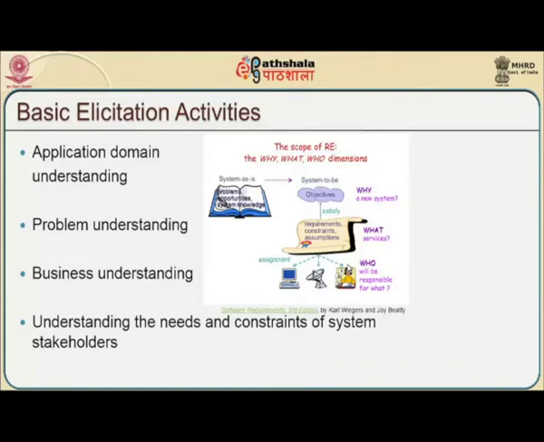So the why of the system needs to be clearly understood with a list of clear objectives. That becomes the primary motive of this requirements engineering phase, which comes out with a problem understanding, and what kind of business it takes over. So business understanding, the needs and constraints of the various stakeholders.